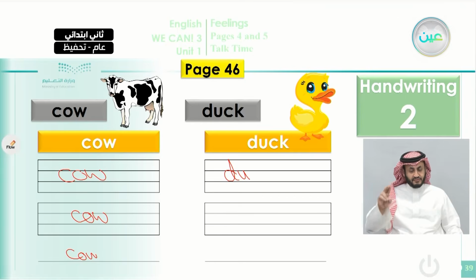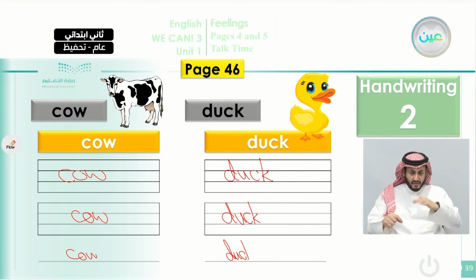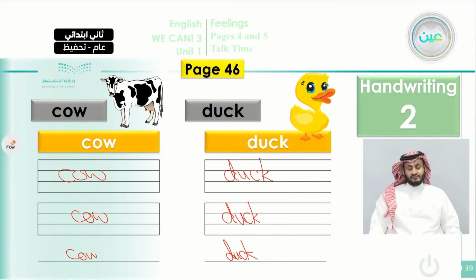D, U, C, and notice here, K. You see, if you commit to the lines, that will make your handwriting more beautiful. D, U is written like this, C is written like this, and K is to be written like this. So this is duck. If I want to write it on one line, I say D, U, C, and K.